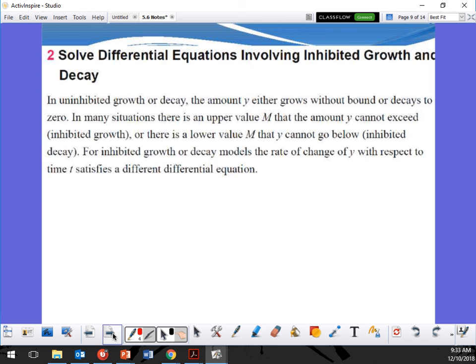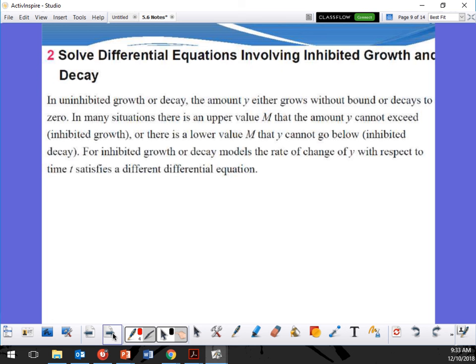So if you talk about population growth, let's say for instance we have a population of rabbits in this area, just off of the desert somewhere over there. If there is no population control, they will keep growing until what?